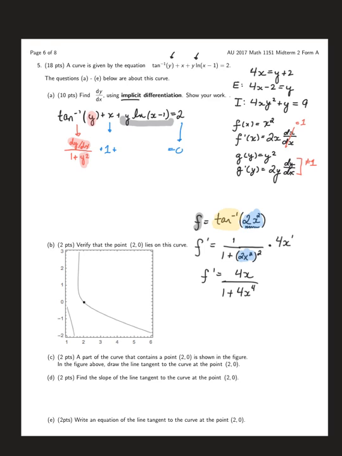The way the product rule works is we do the derivative of the first term, which is dy/dx, times the second term left alone, natural log of x minus 1. I'm going to create some more space for myself here.